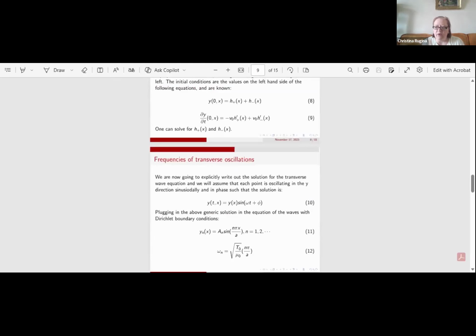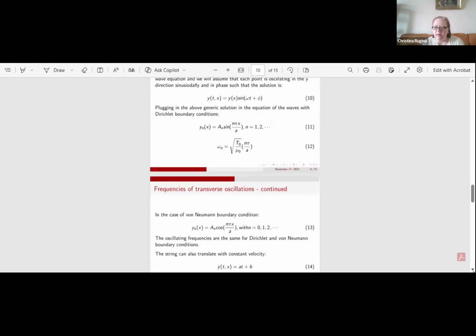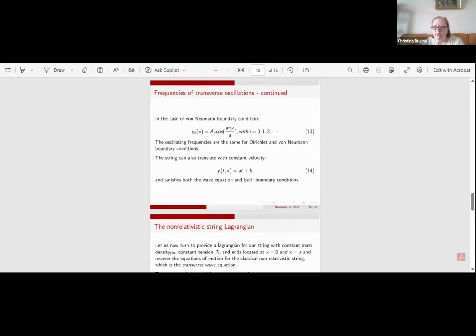That's the solution. And if you have Dirichlet boundary conditions, then you have a solution like this, with an omega, which is the same for Dirichlet or for Neumann. So it's really a superposition of sines and cosines, and depending on what kind of boundary conditions you put, you end up with a cosine or a sine.